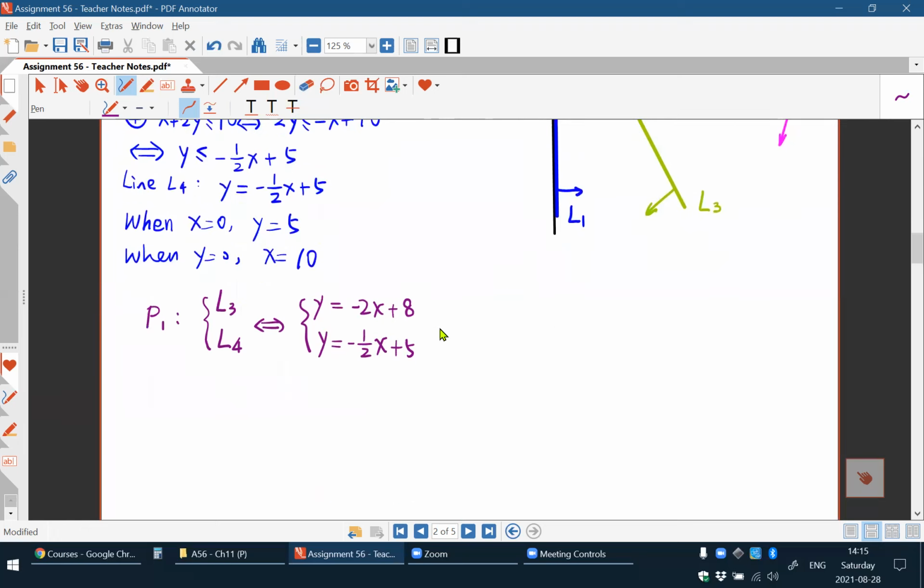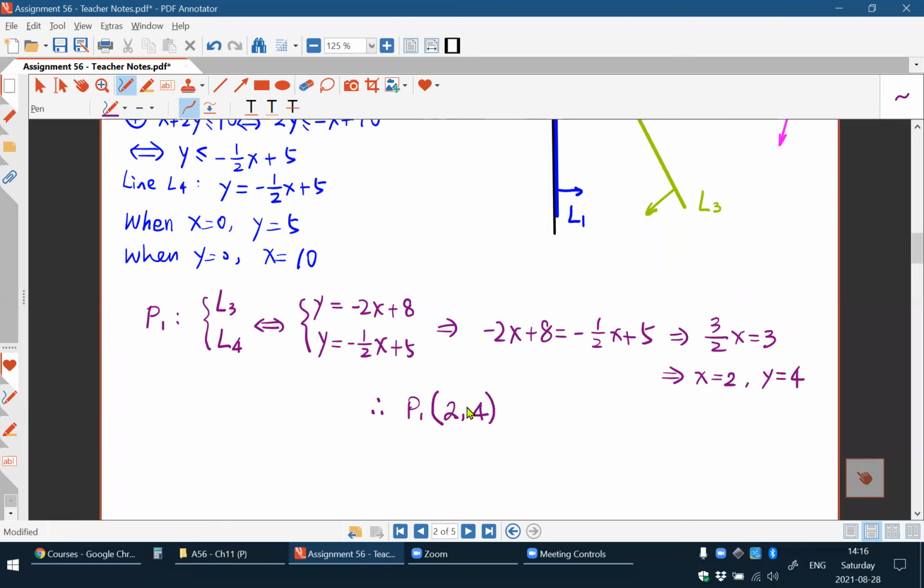And then we need to solve this equation, which is minus 2x plus 8 equals minus 1/2 of x plus 5, from which we can get 3/2 x equals 3, which gives us x is actually 2, right? And if we put 2 back into one of the original equations, we can get y is 4, right? So the coordinate of P1 is (2, 4).